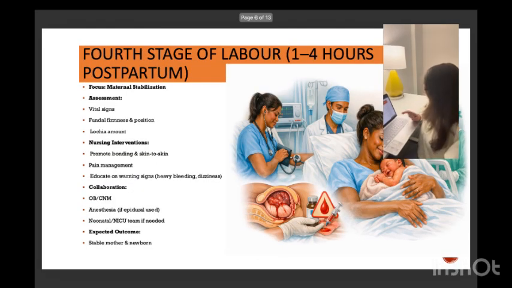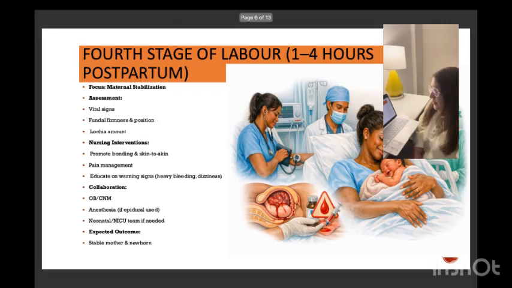So we are on slide 6 right now, and this is the fourth stage of labor. This is 4 hours postpartum, and here we focus on maternal stabilization. We are assessing for any postpartum hemorrhage. We assess vital signs, fundal firmness, position, and lochia amount. Nursing interventions: we promote bonding with skin to skin.